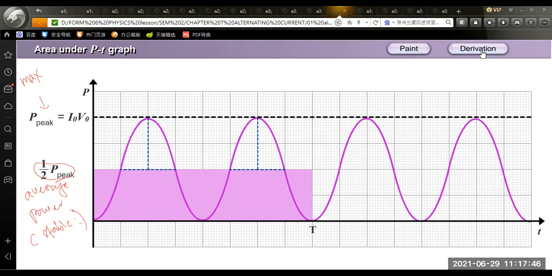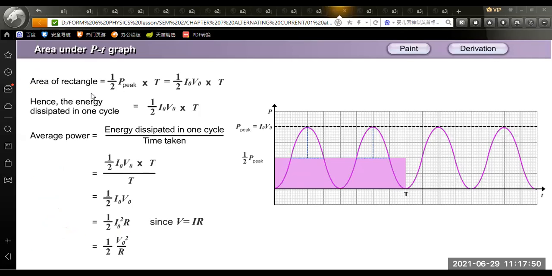So now we look at the definition. Average of the rectangle is equal to half the peak power. Average of the rectangle times t, so we get half I naught V naught times T. Hence, the energy dissipated, E equal to PT.